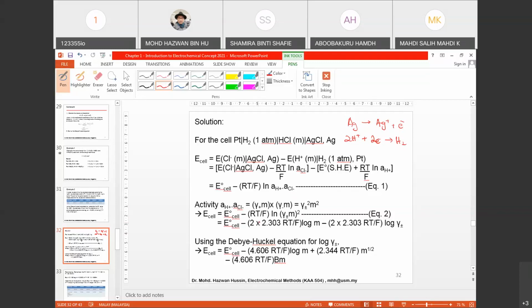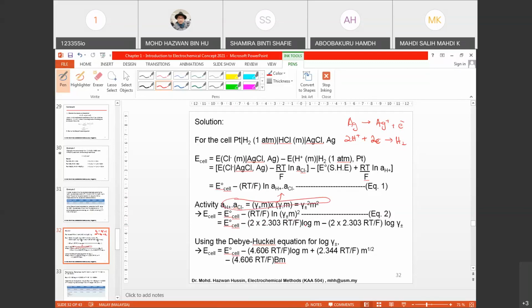When you substitute this into the representation, you get E cell equals E naught cell minus RT over F ln of gamma plus minus m squared, right?